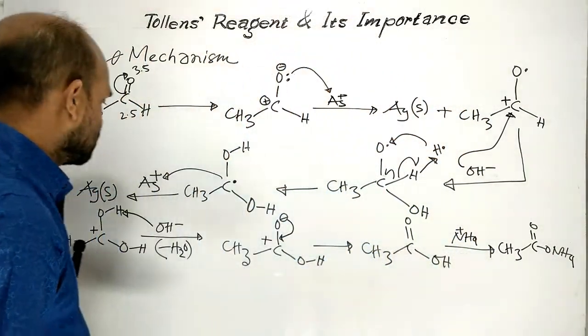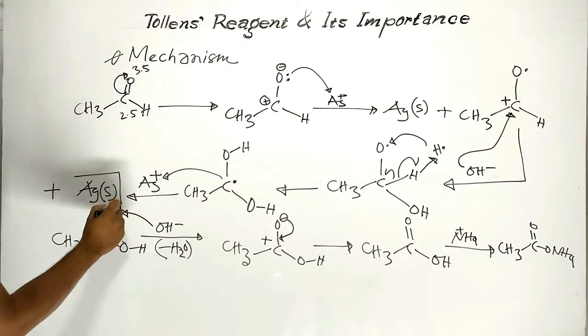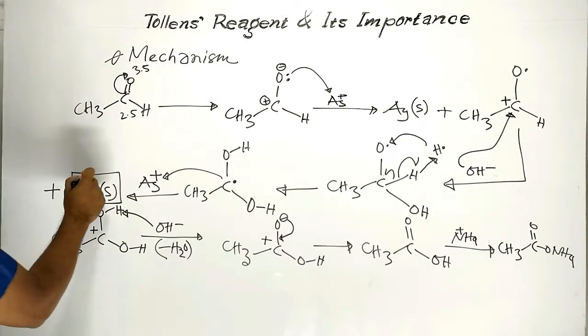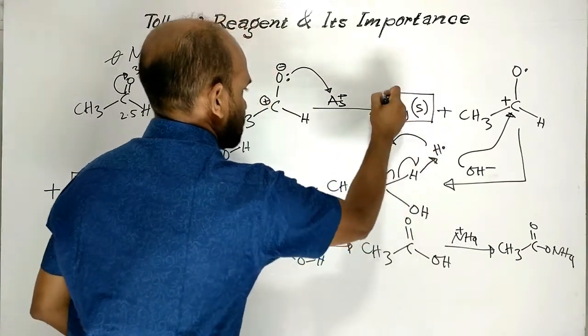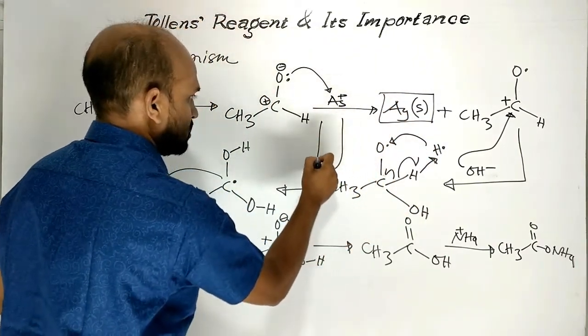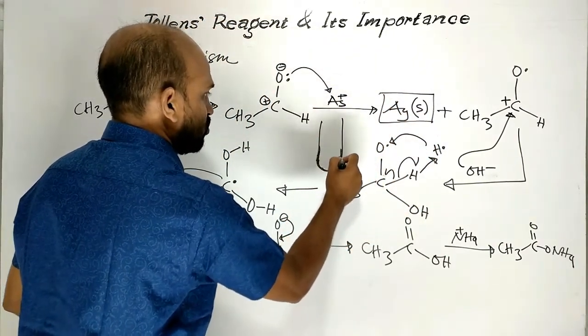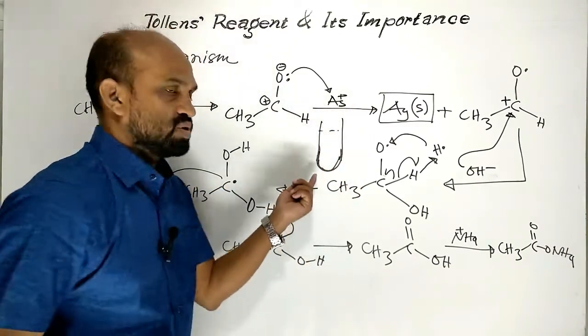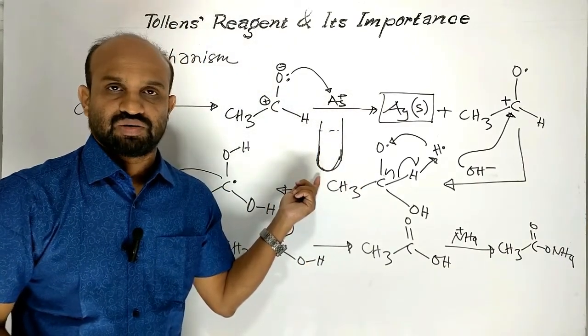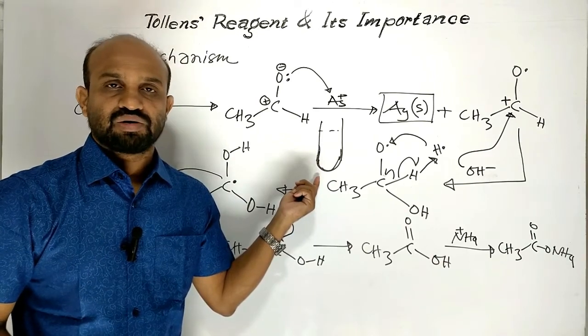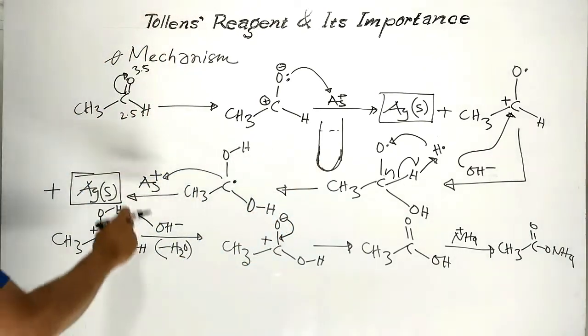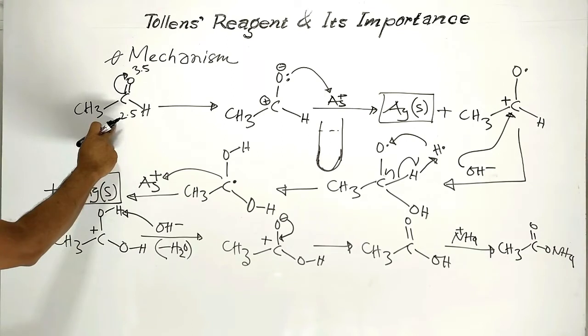But in the middle, we get metallic silver, that deposits on the inner wall of the test tube, which is called a silver mirror. This silver mirror indicates the presence of aldehydes in the solution.